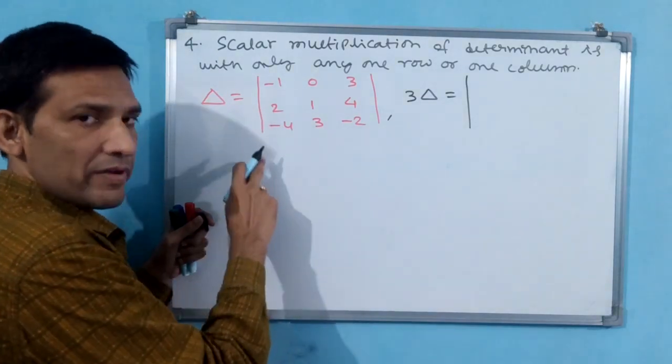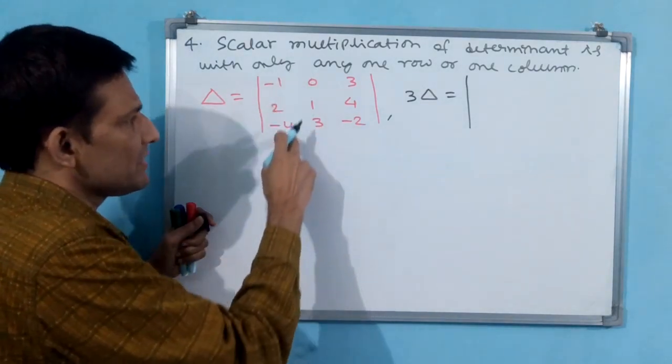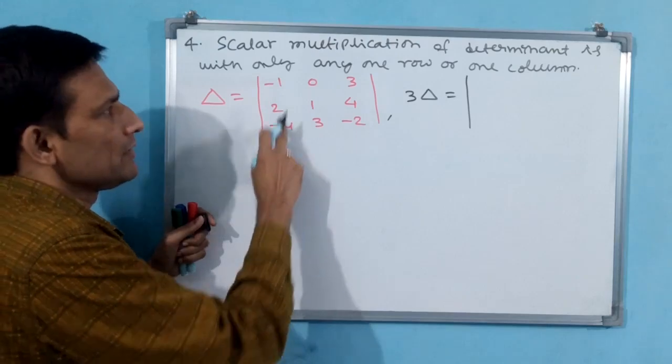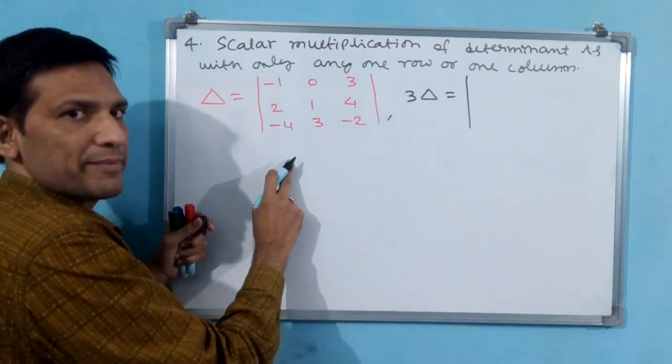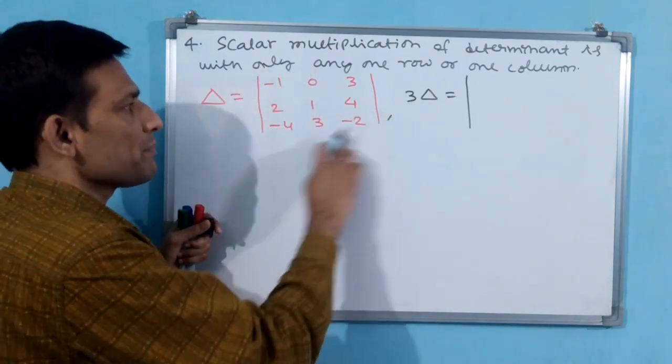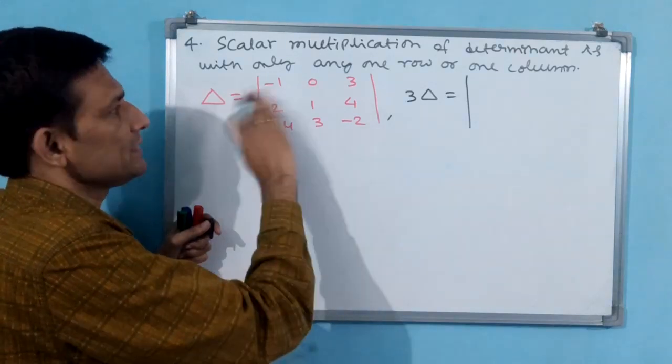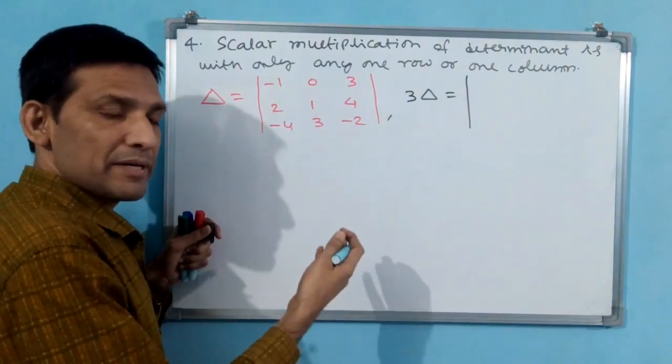For verification's sake I am multiplying 3 with column 1. For proof we will multiply with any row. Why? Because here, both are same.